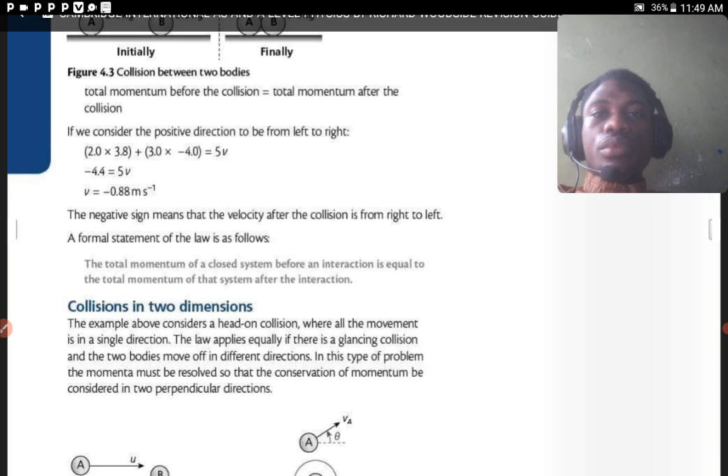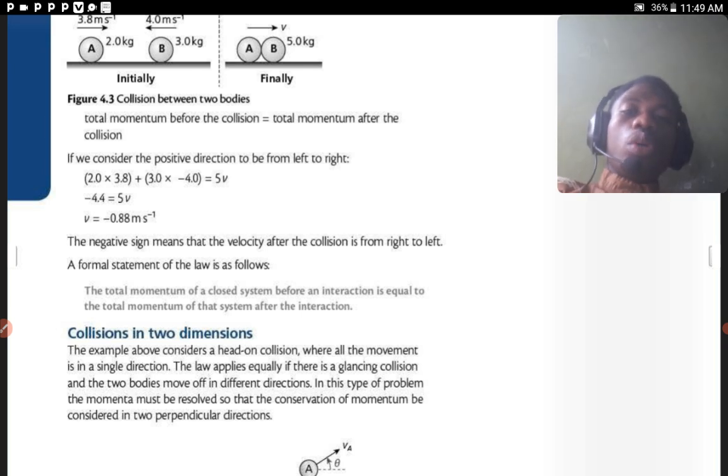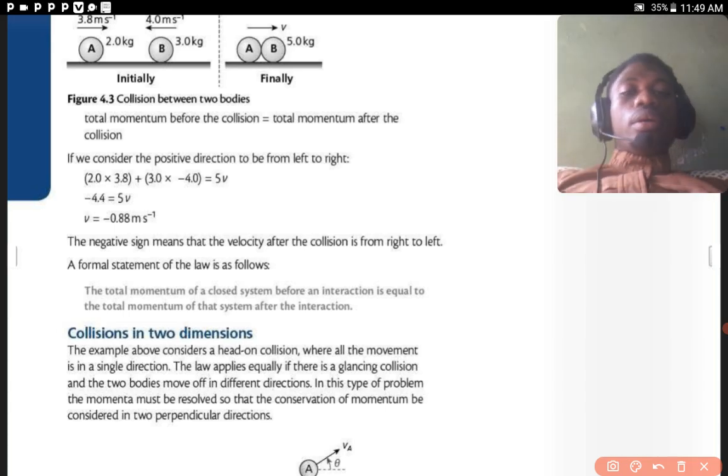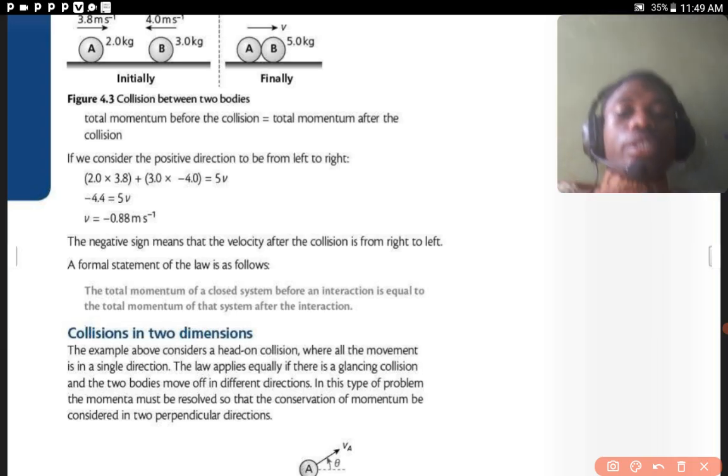So now, according to the conservation of linear momentum, the total momentum before collision must be equal to the total momentum after collision. You use this to answer a lot of questions in physics. The total momentum of a closed system of interacting bodies before and after collision, or before and after interaction, is the same. All right.